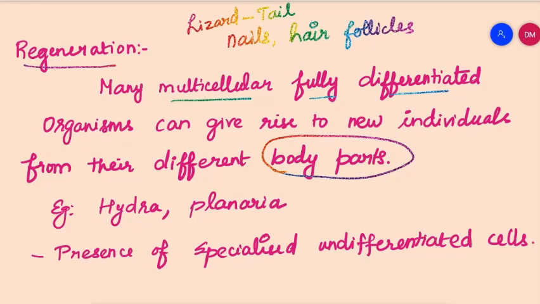So is the case with Hydra and Planaria, which are organisms capable of giving rise to a new individual from their body parts. So they do have certain specialized undifferentiated cells. So these cells would now differentiate to form whichever body parts are missing to give rise to a whole organism. So that is how it happens in the case of Hydra and Planaria.